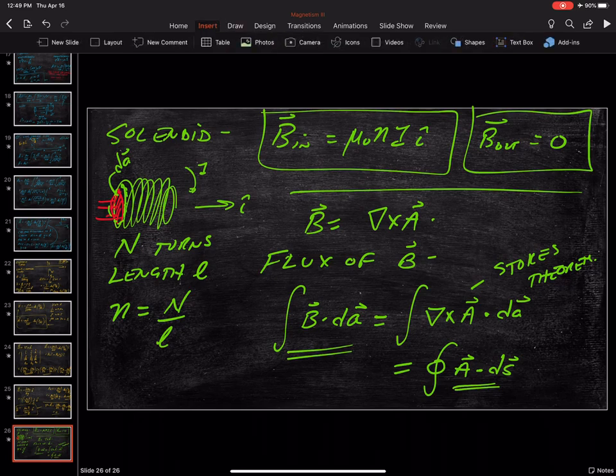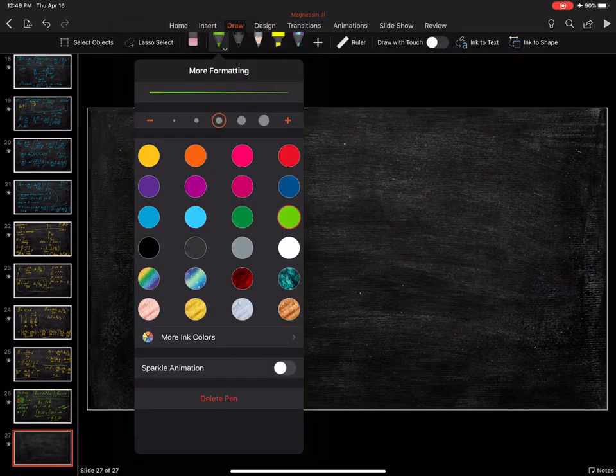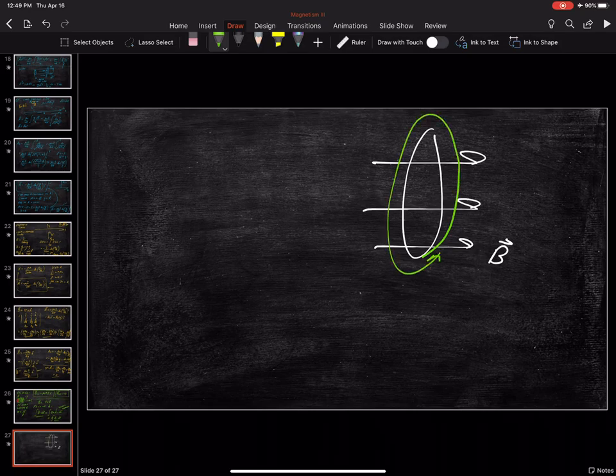Okay, so let me rewrite this, because this is handy. So suppose that you've got some, let me draw it. You've got some loop here, and you've got a B passing through it. This means that you're going to have an A that circles around it.